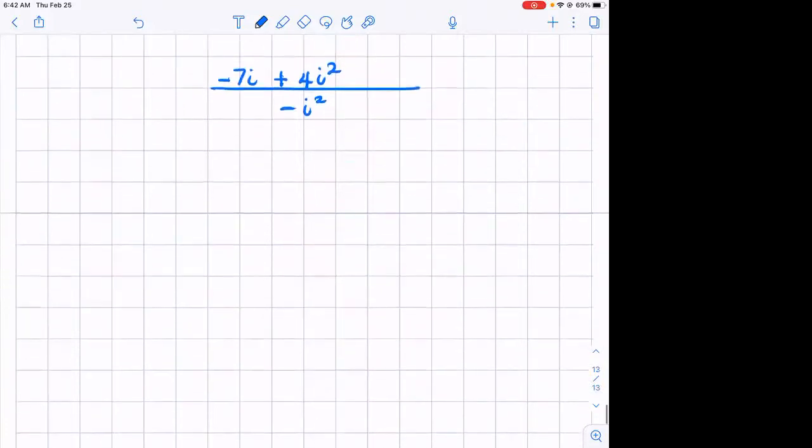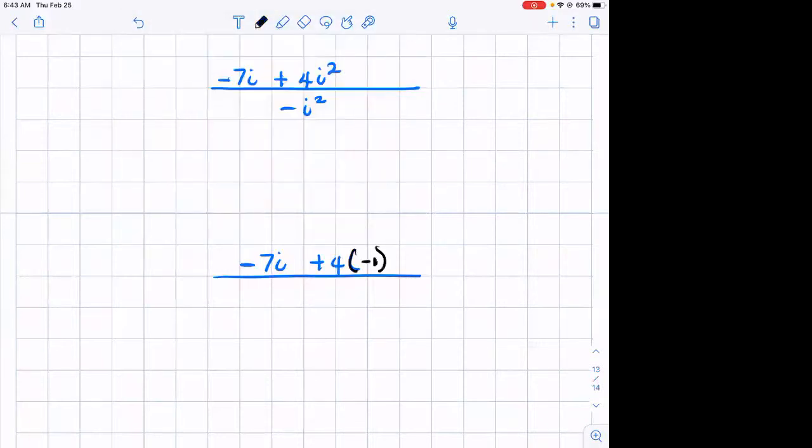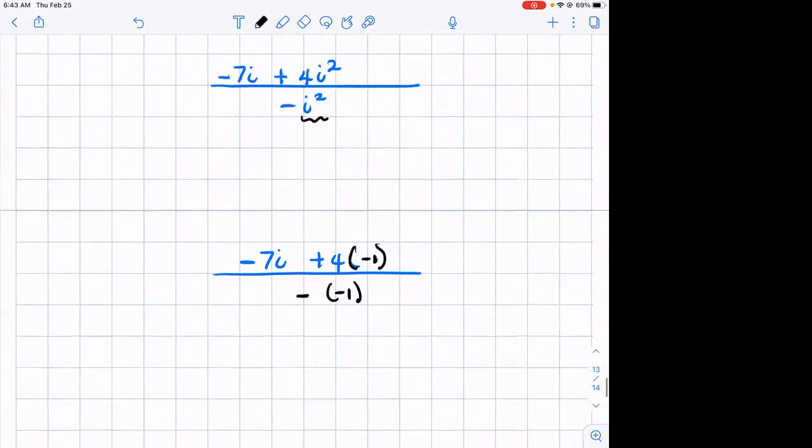So if we simplify, we know that i squared is minus 1. So we have minus 7i plus 4 times minus 1. And in the denominator, we have a minus times a minus 1, because i squared is minus 1.